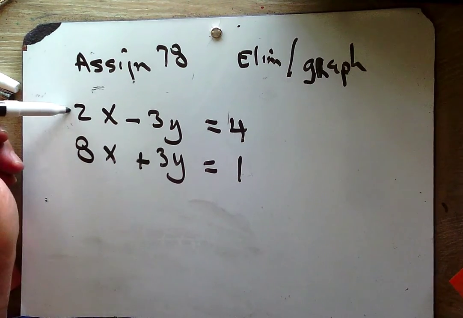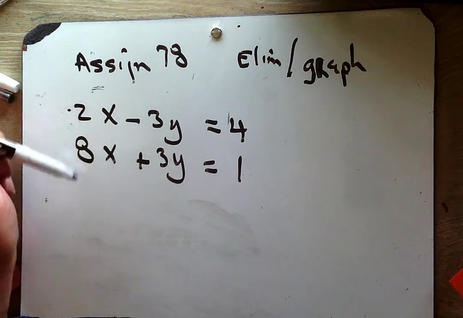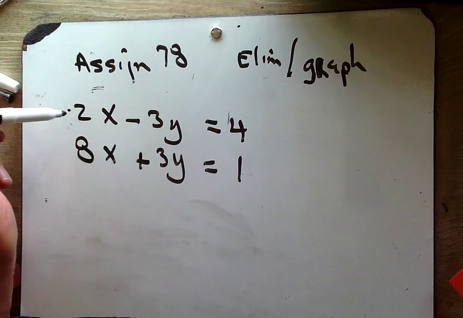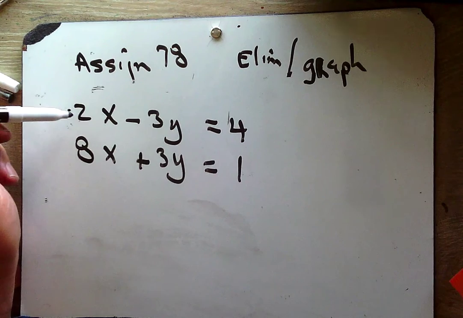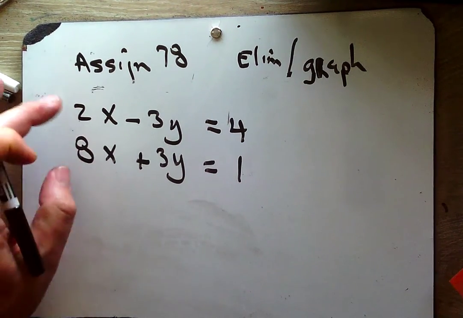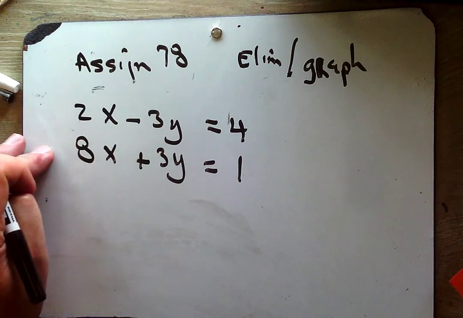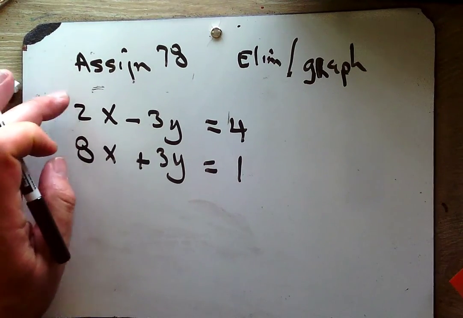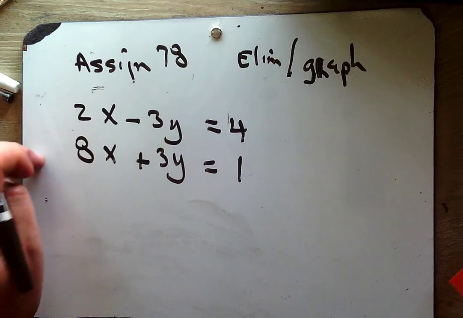So I could multiply this top equation by 4, and then these would be the same. Or I could multiply the top equation by negative 4, and then these would be opposites. Remember, if the coefficients are the same, I subtract. And if one's positive, one's negative, then you want to be adding.